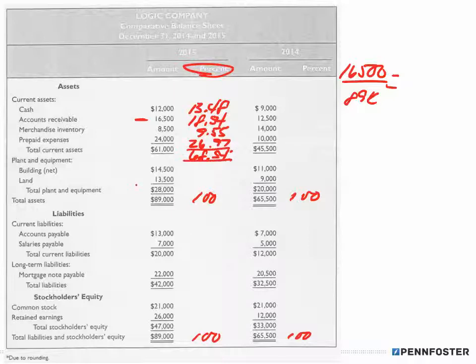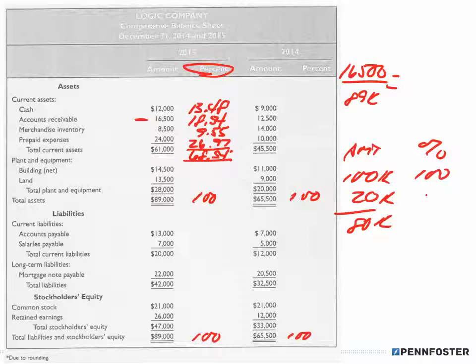Make sure you put your underlines, because remember from the previous chapter when we talked about amounts and percents having that relationship. If I have 100,000 less 20,000 gives me a profit of, say, 80,000 in dollars. Well, that's 100%. 20,000 divided by 100,000 is 20%.